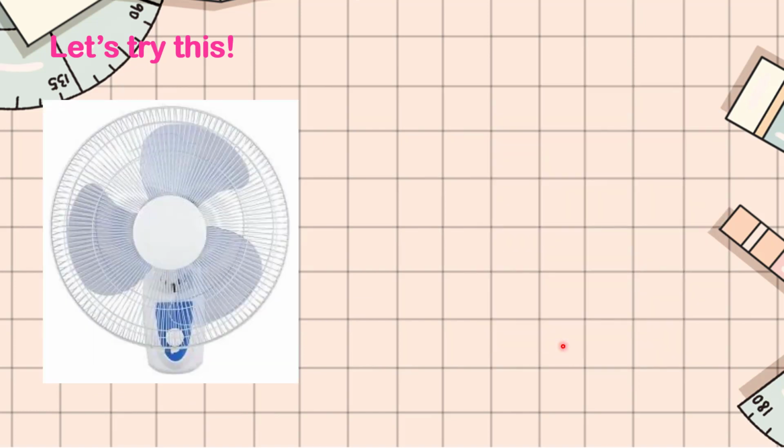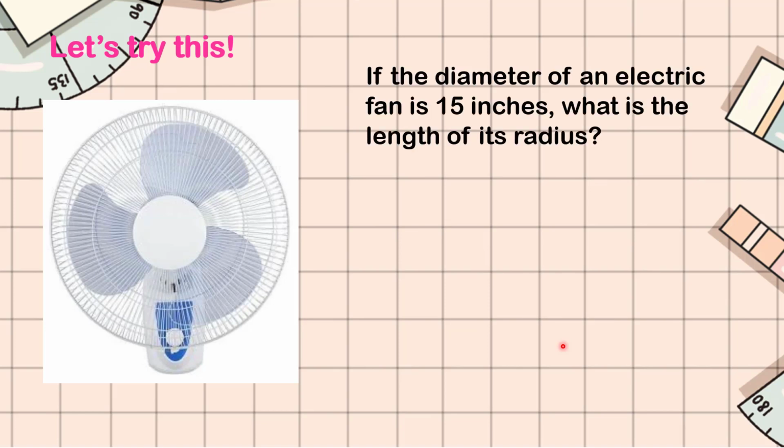Let's have another example. If the diameter of an electric fan is 15 inches, what is the length of its radius? In our figure here, the diameter of this electric fan is represented by this orange segment.